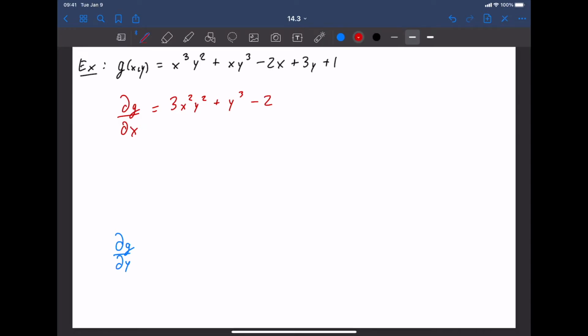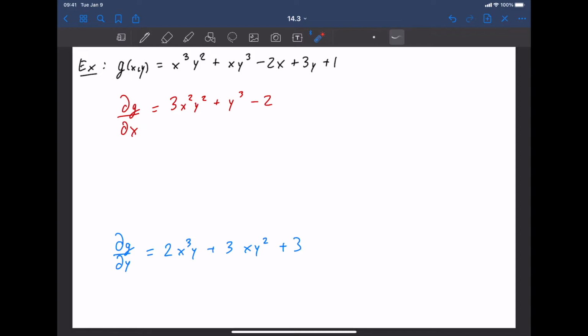Okay. And likewise, this guy, normally I would do the other stuff first, but since I just want to make sure we can check your work, should have been 2x cubed y plus 3xy squared plus 3. Because the 2x and the 1 are constants with respect to y.